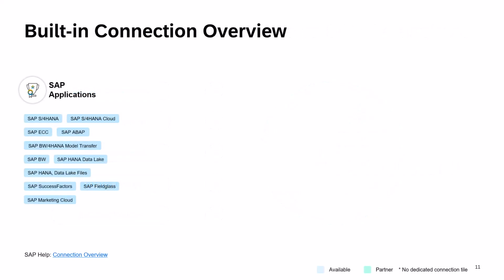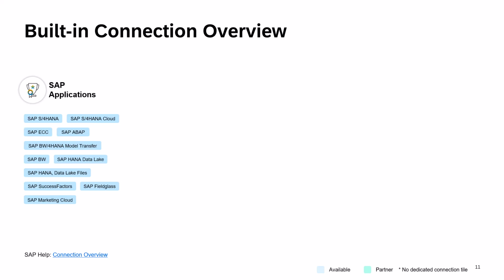So if we look a little closer at the connections itself, right? We offer a bunch of applications from our own portfolio. So S/4HANA, obviously, in both on-prem as well as cloud-based versions. ECC, there's a generic ABAP connector in there, which could connect to any sort of ABAP-based systems.